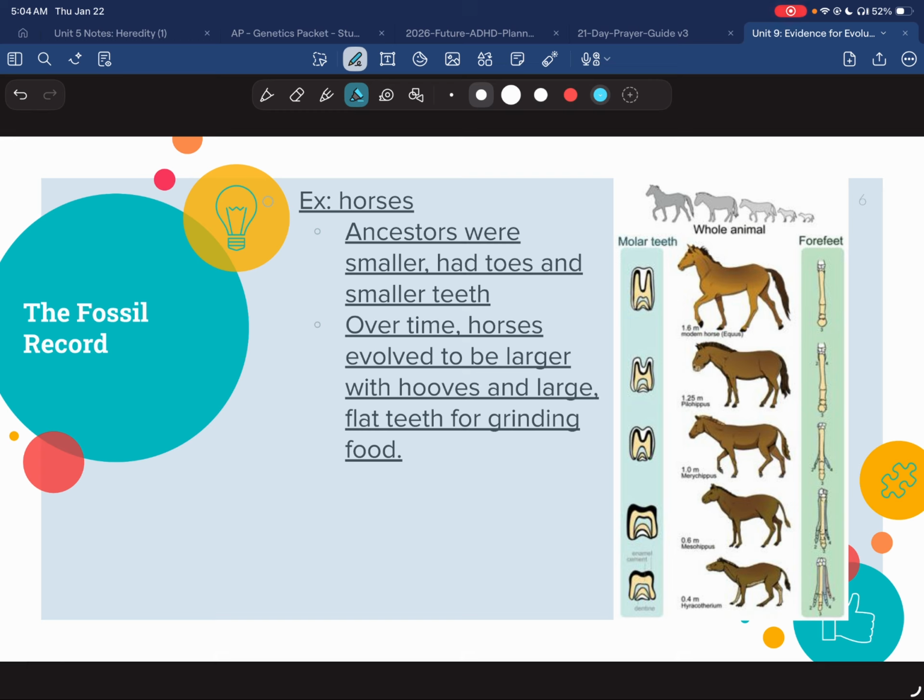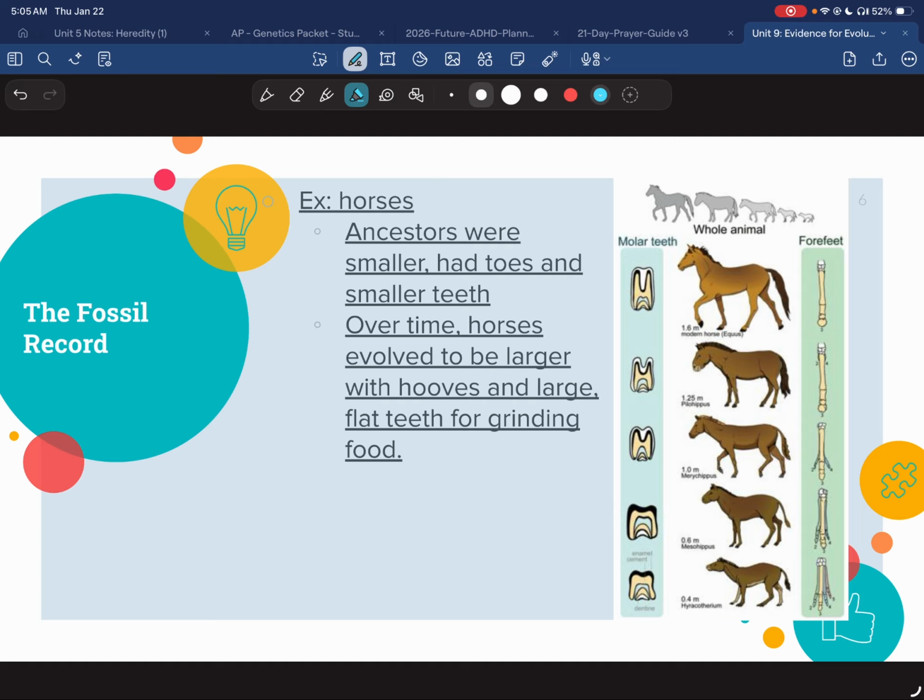So horses, this is a common example on the STAR test. It's a common example in questioning that you're going to get horses. Over time, you can see what has happened to the horse population. They became bigger, right?